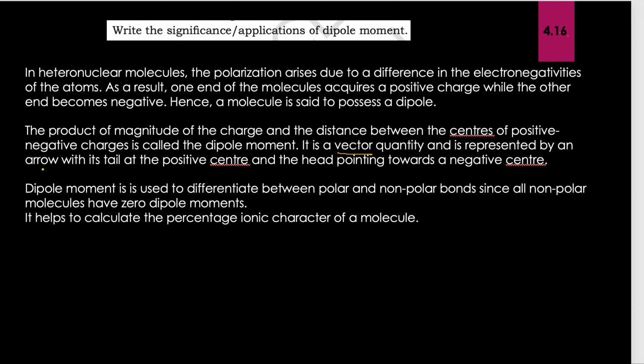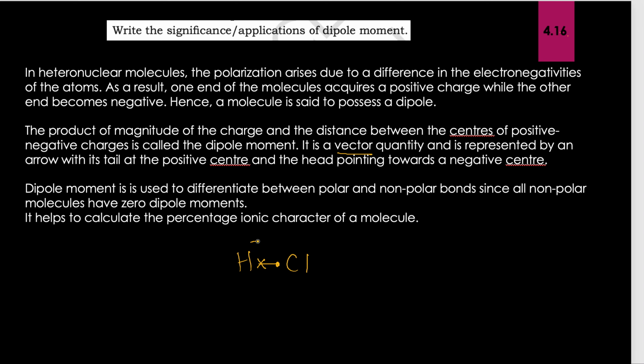And it is represented by an arrow with its tail at the positive center. For example, if I am taking HCl as an example, the chlorine atom has more electronegativity when compared to the hydrogen atom. So you have one electron from hydrogen and one electron from chlorine. Now, if you want to show the dipole character in this, how are you going to show it? Because chlorine is more electronegative, it will pull electrons towards itself.